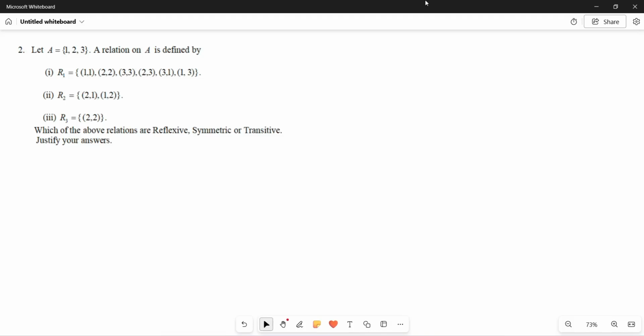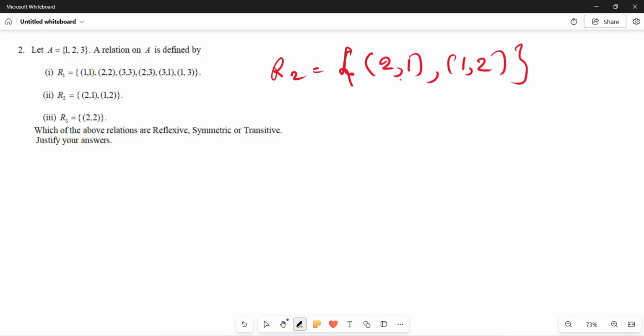So then we will consider this R2. In this R2 relation, there are 2 comma 1 and 1 comma 2, but the problem is our set is A equals 1 2 3.